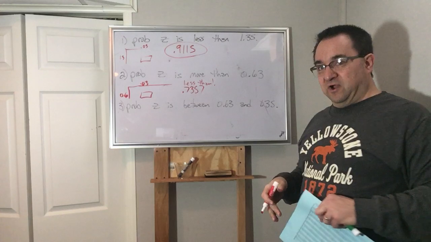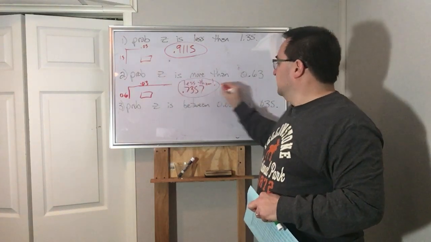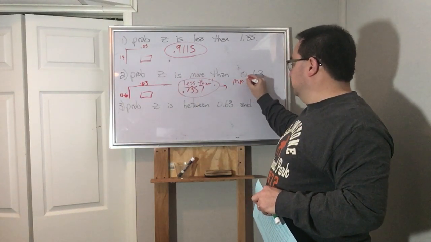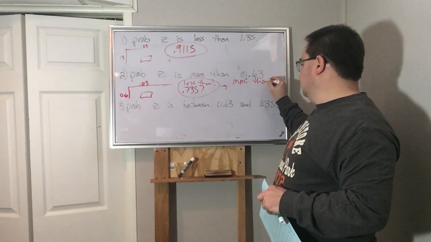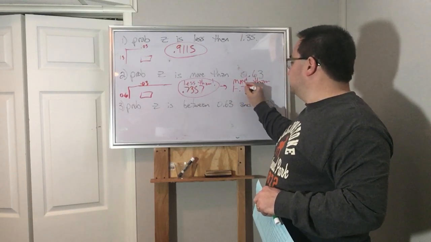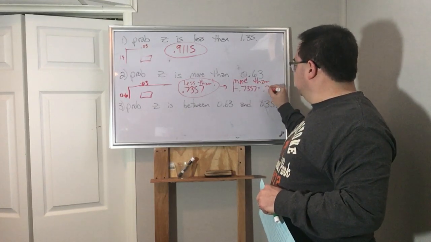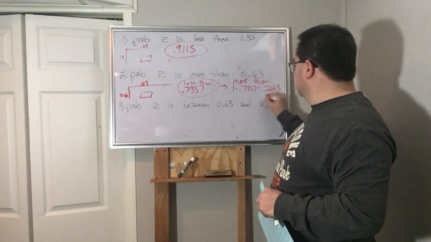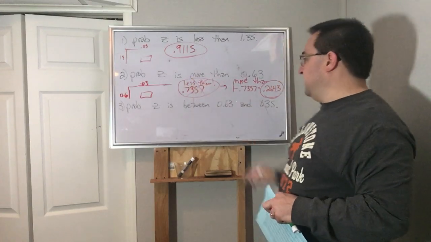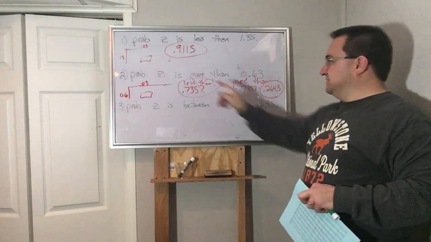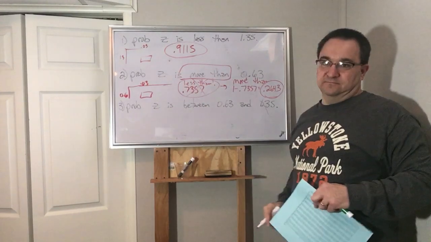Remember, if you pull the number off the table, that's less than. So our actual answer, the more than, would be 1 minus that. So I'm actually looking at 0.2643. So this is not my answer. It's 1 minus that because of the more than.